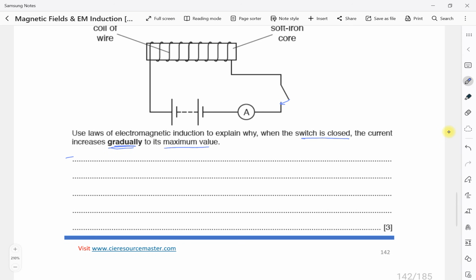So I will say, increasing current in the coil causes an increase in magnetic flux in the core.